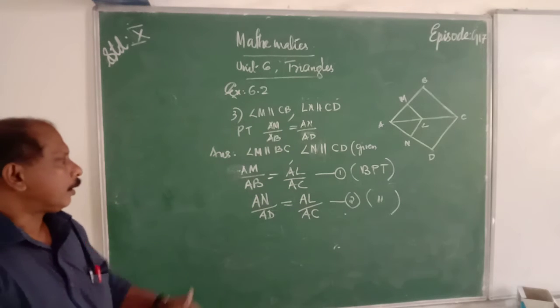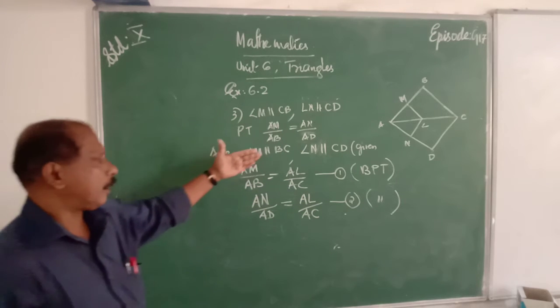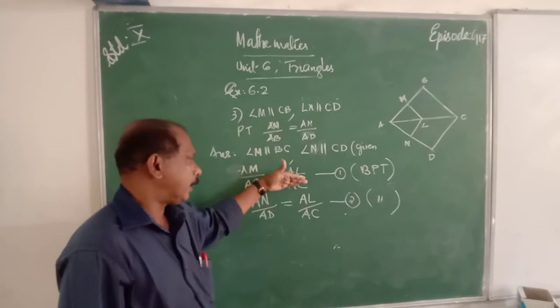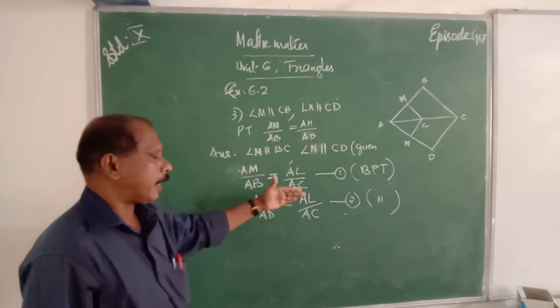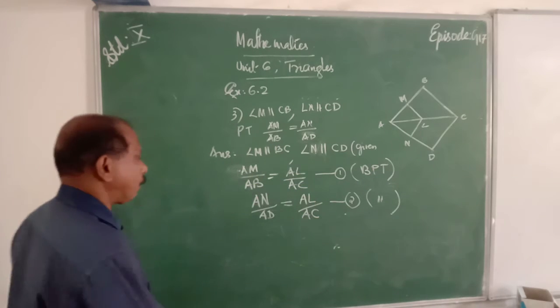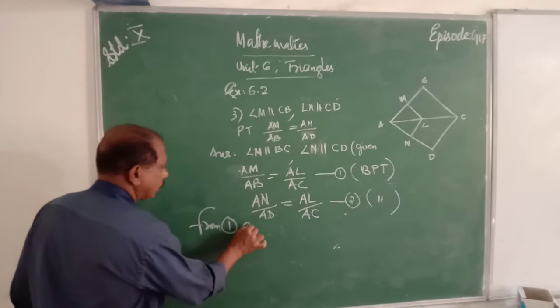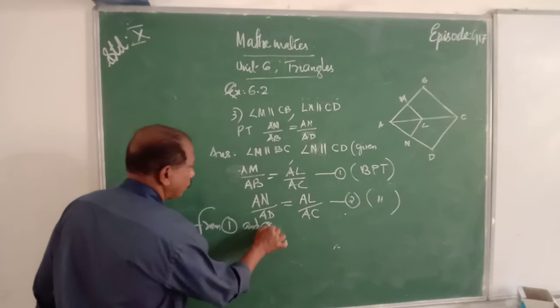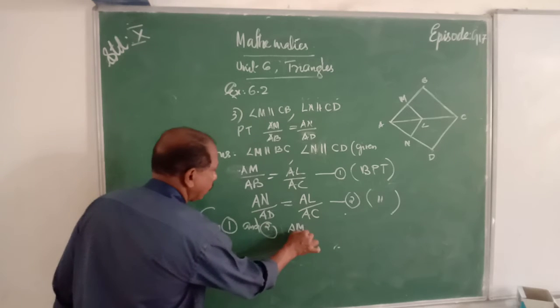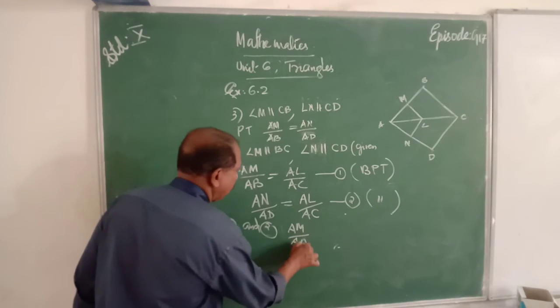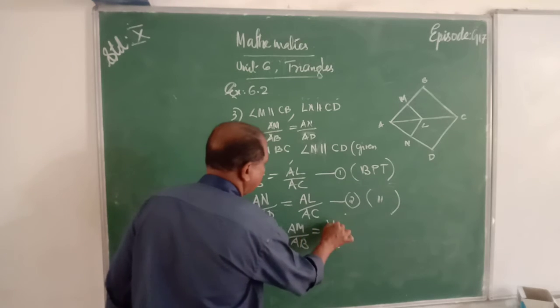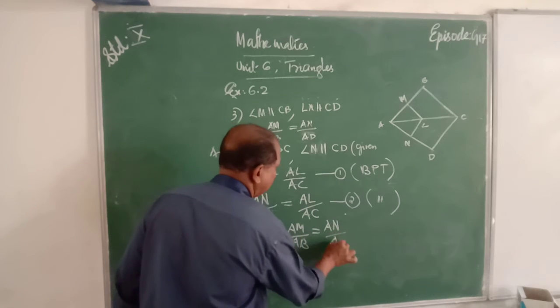In the first equation, RHS is AL by AC. In the second, RHS is AL by AC. Therefore, from 1 and 2, AM by AB is equal to AN by AD.